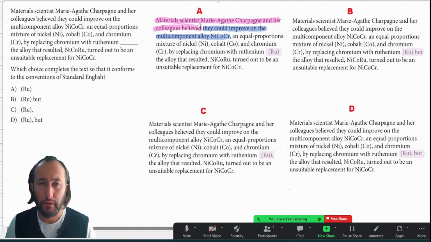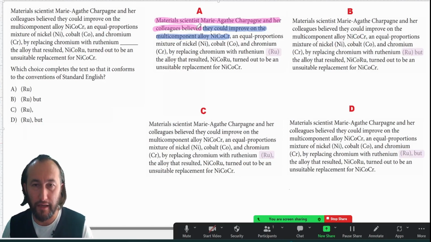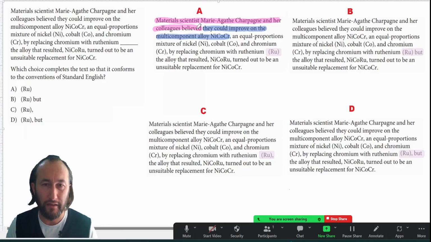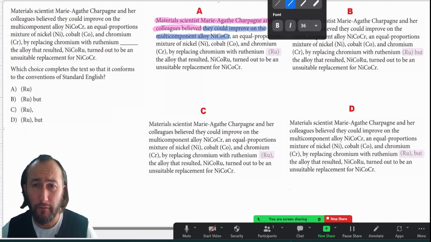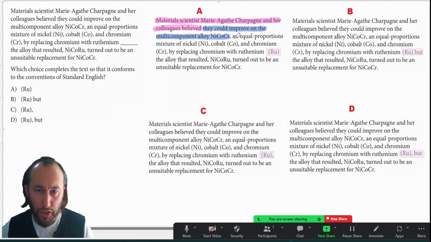All right. So they believed that they could improve on the multi-component alloy NiCoCr. And now here extra information is coming. So I'm dismantling the sentence into chunks, into separate pieces, right? An equal proportions mixture of nickel, Ni, cobalt, and chromium.